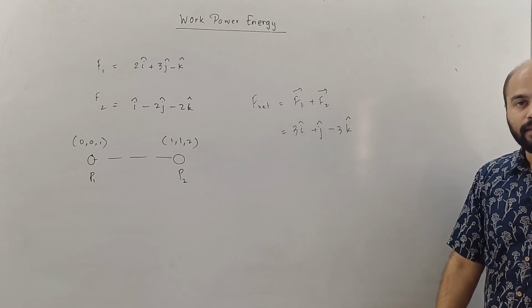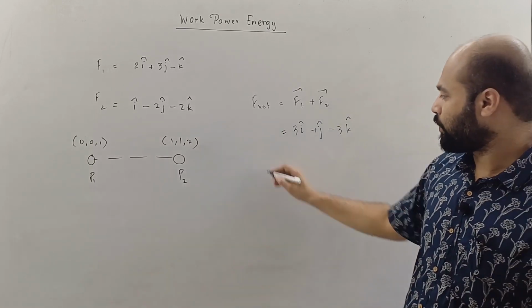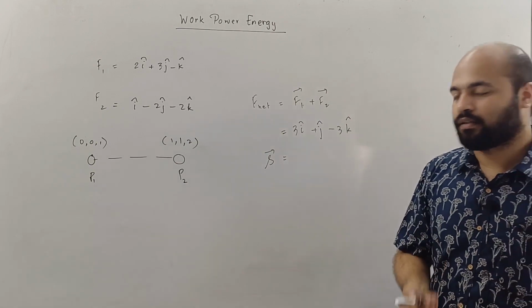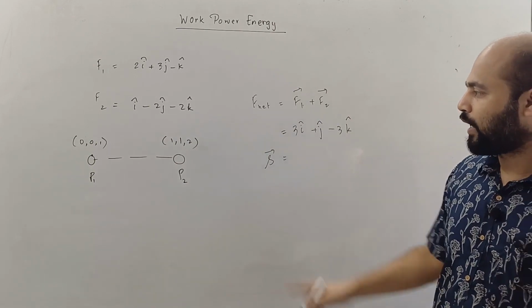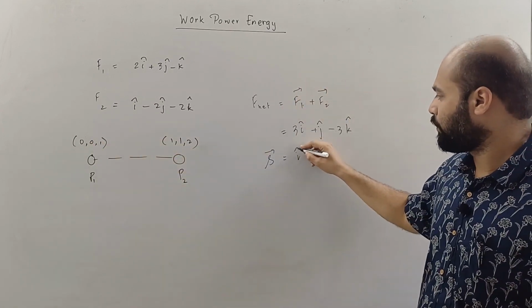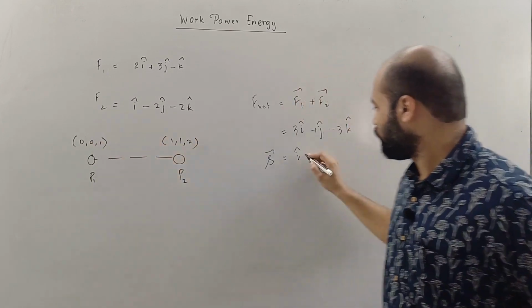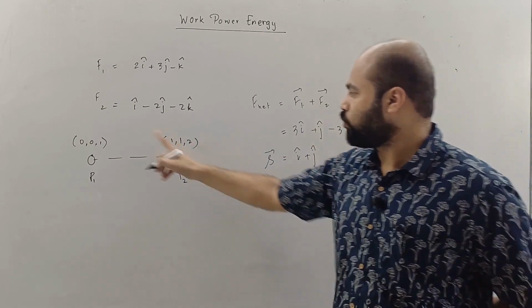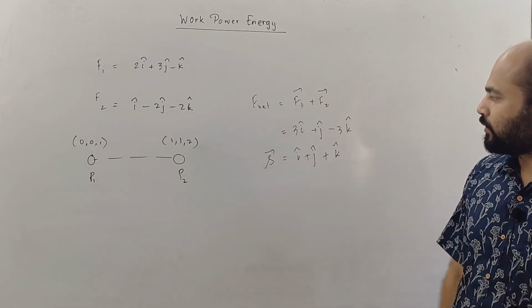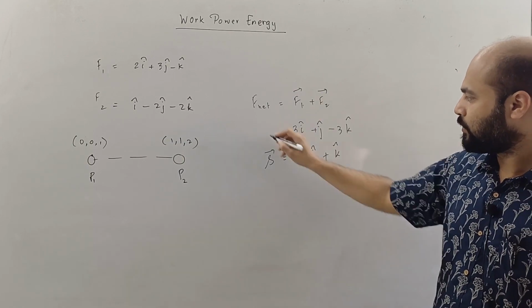Once you understand the F net, you have to calculate the displacement. So displacement S bar, that is a displacement vector, is given as 1 minus 0, 1 minus 0, that's i cap, 1 minus 0 plus j cap, and finally 2 minus 1, that's k cap. So this is a displacement vector.